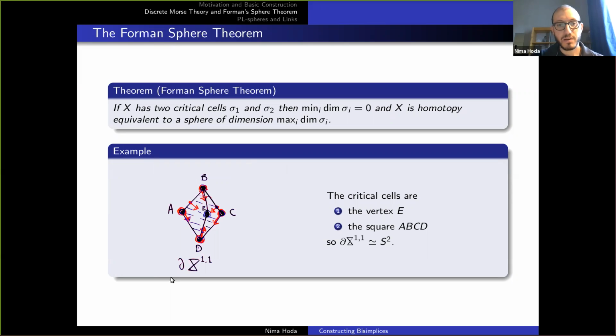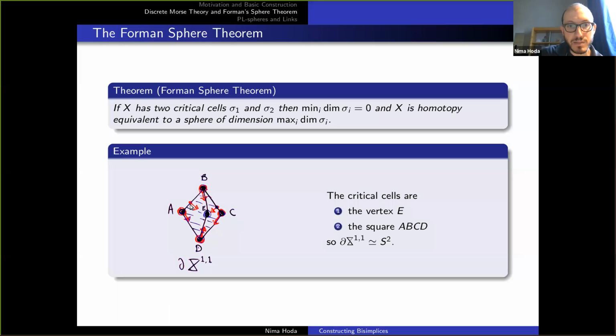We have the boundary of the 1-1 bisimplex that we constructed earlier, and the Morse matching is described here. Just to be clear, A, B, C, and D are matched to edges.